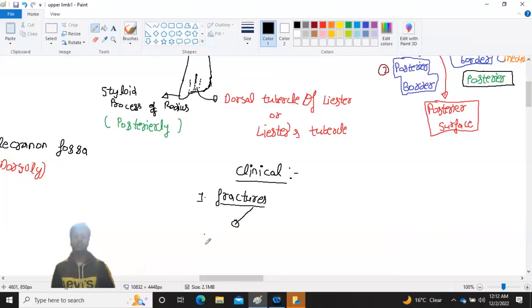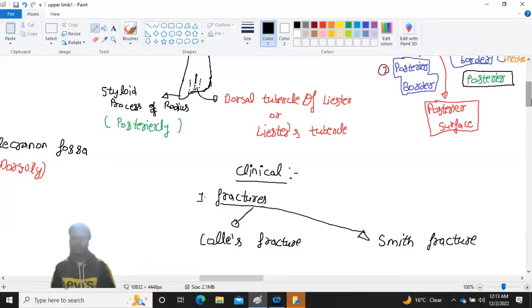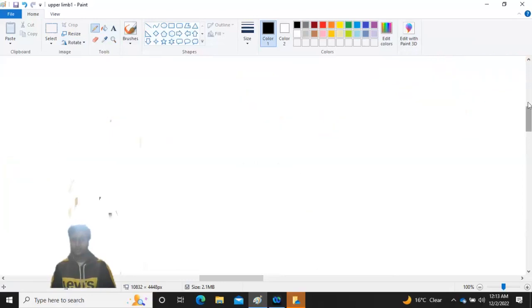One is Colles fracture and the other is Smith fracture. Now let's see what is Colles and what is Smith.